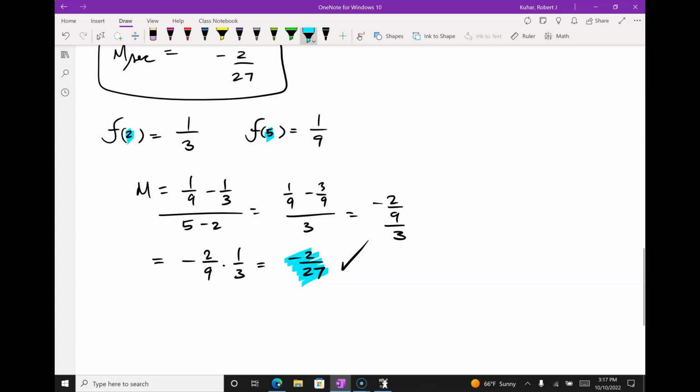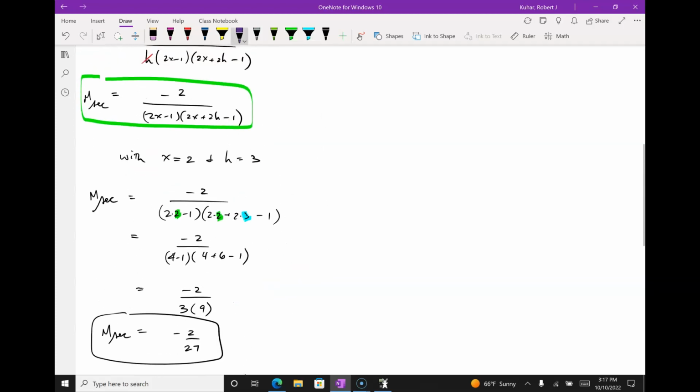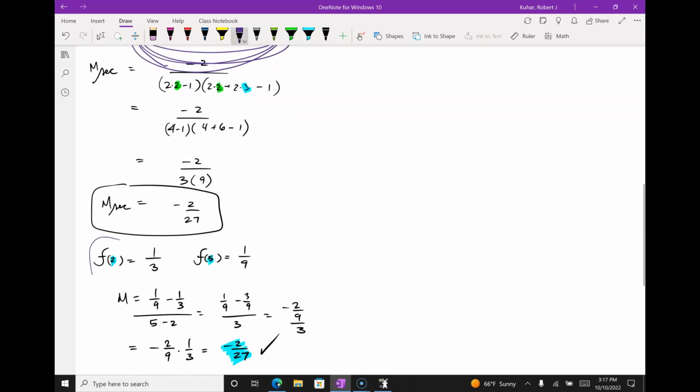Anybody get it? Who got it? Okay, so you're okay here though. Right, but I'm asking Ben, you're okay here, yes? Okay. So how I can check my slope is I want to put in my X values, right? So I had an X of 2.